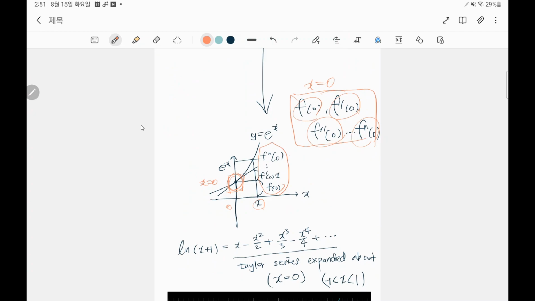There is no condition in which, if x is greater than some number, this Taylor series doesn't converge to the original function.